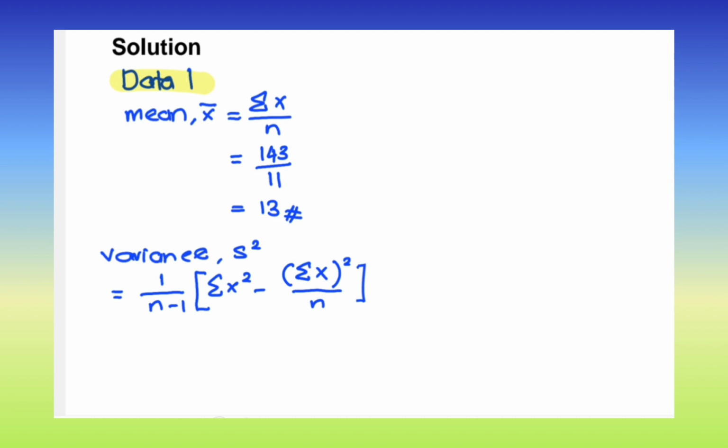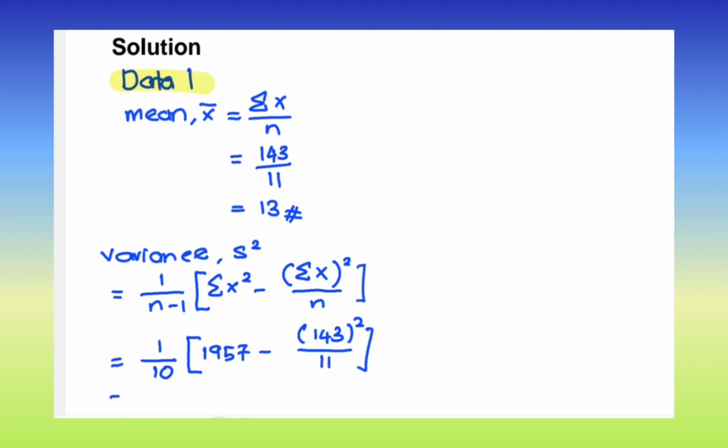Next, find the variance for the given sample. The formula is s square equal to 1 over n minus 1 times, in bracket, summation of x square minus, in bracket, summation x square over n. So just substitute the values. n is 11, so here it will be 1 over 10, times summation of x square, 1957, minus summation of x, 143, square over n, which is 11.